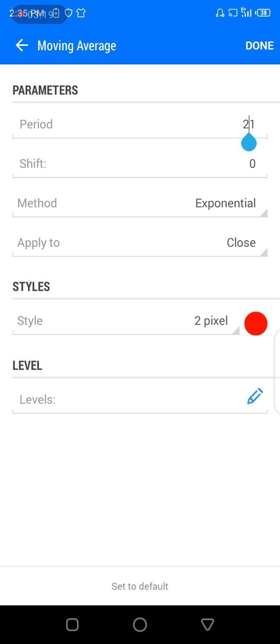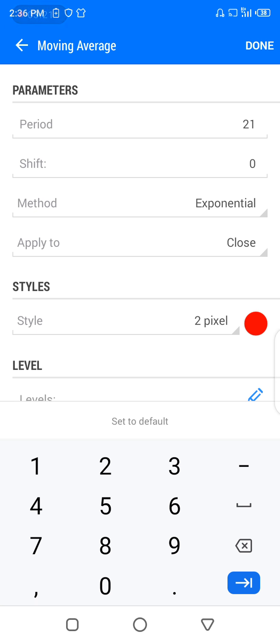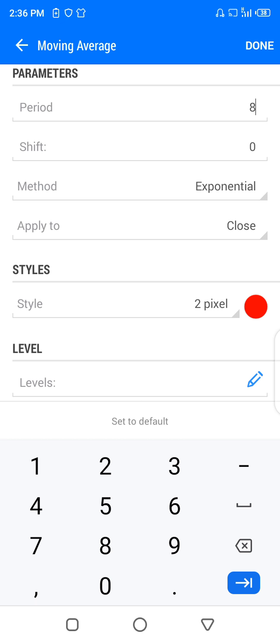So we set the moving average to the 8, which must be an exponential moving average. Let's use the 55. Okay, let's use the 8. This is the red. The color code is red, and then we are done.